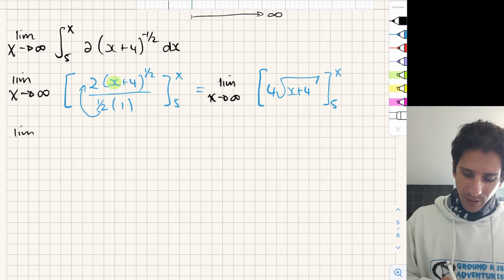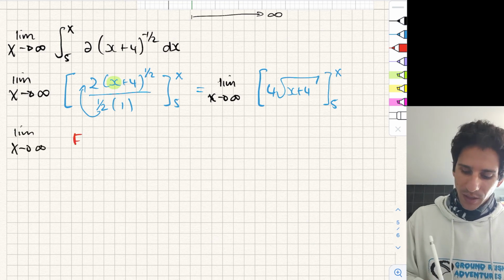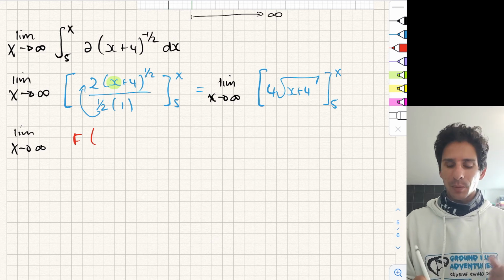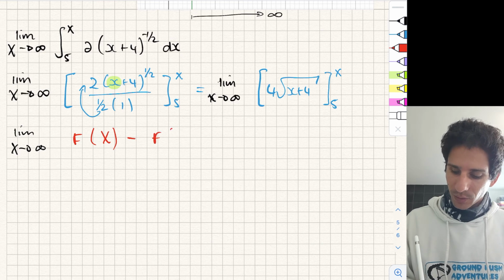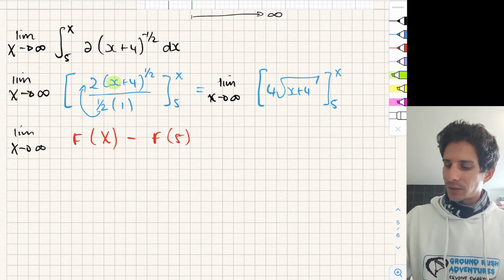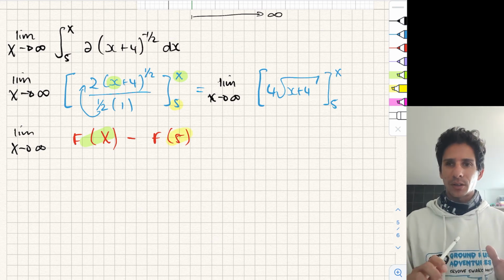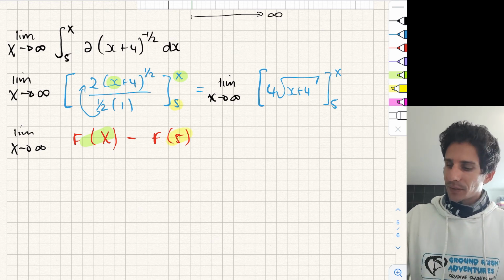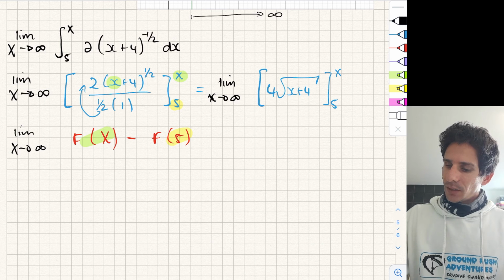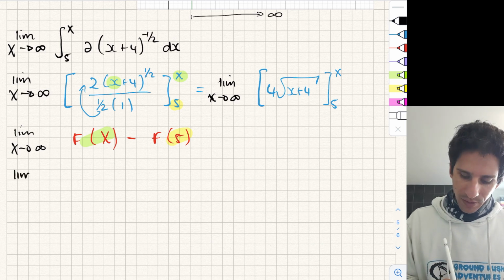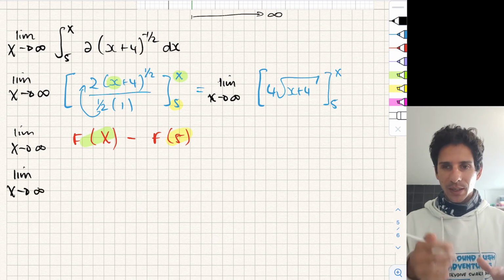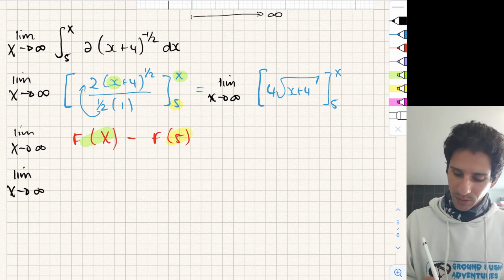Now, we still say as x approaches infinity. What we want is f of our upper bound, this variable x, which we're going to evaluate, take away f of 5. So it's still end, take away start. Let's put the numbers in now. This is still the limit as x approaches infinity, and we need to keep writing that until we evaluate the limit.